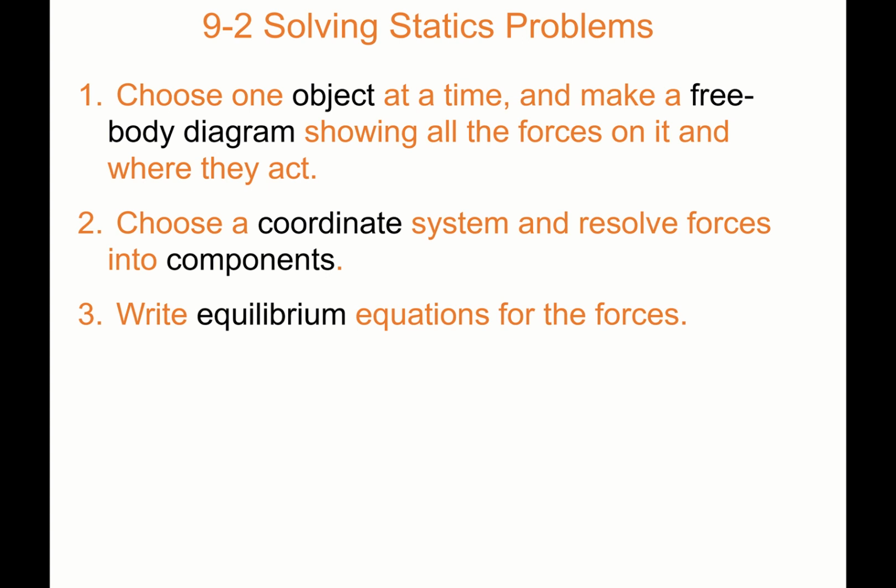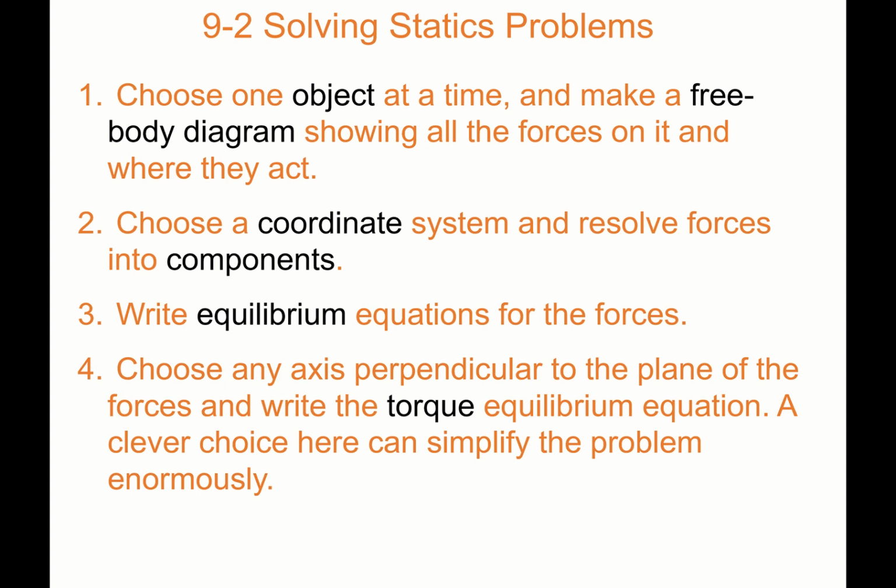And then we're going to start off by writing that the net force is 0. And then we're going to choose the axis for the torque and write the net torque is 0, and then use those equations that we have, either 2 equations for 1 dimension or 3 equations for 2 dimensions, and solve to get the unknowns. So in this problem, we'll start off with something very simple.